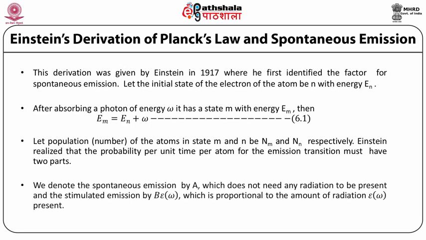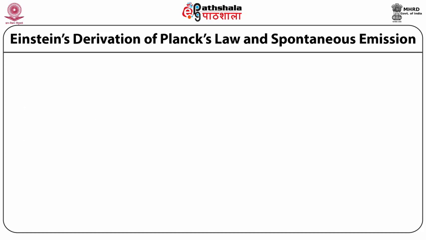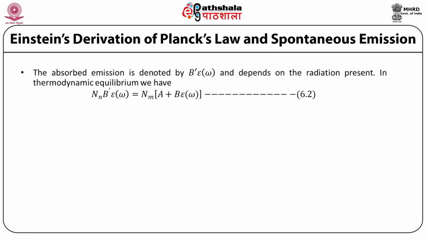We denote the spontaneous emission by A, which does not need any radiation to be present, and the stimulated emission by capital B into epsilon omega, which is proportional to the amount of radiation present. The absorption is denoted by B prime epsilon of omega and depends on the radiation present.